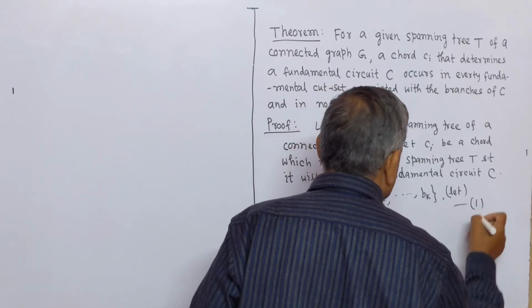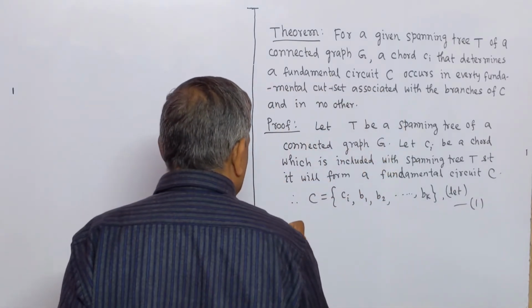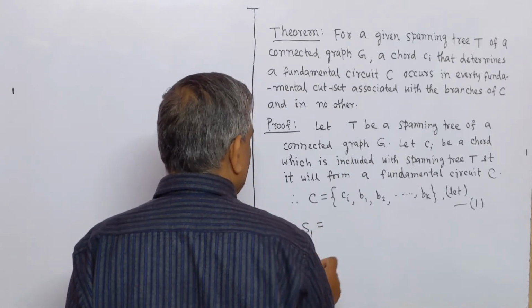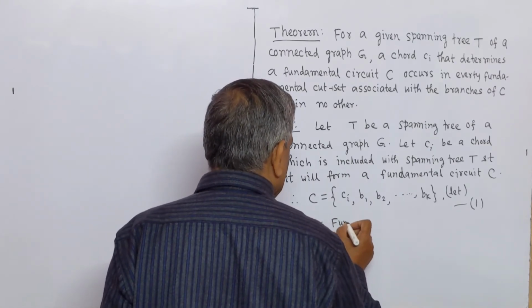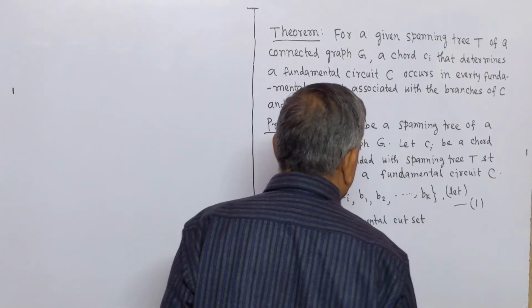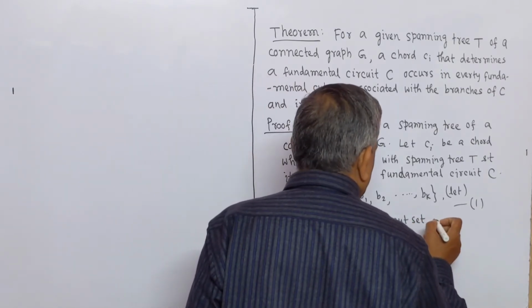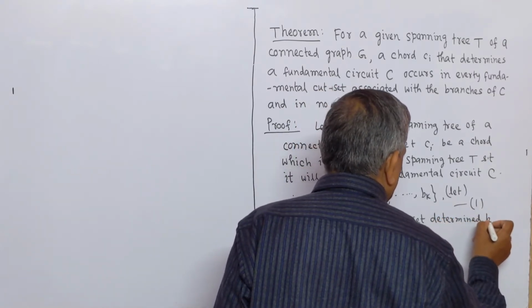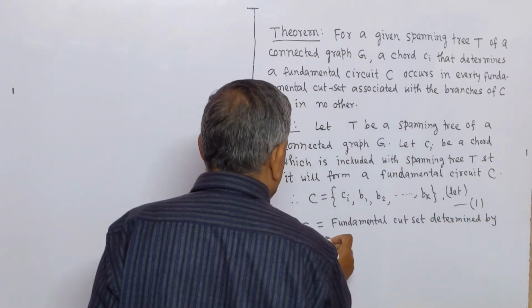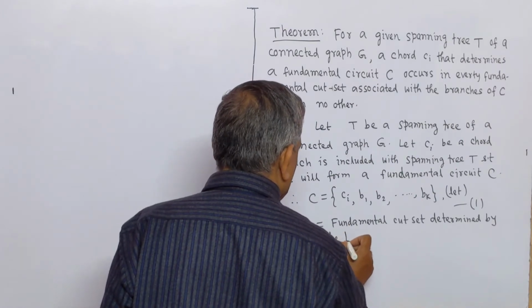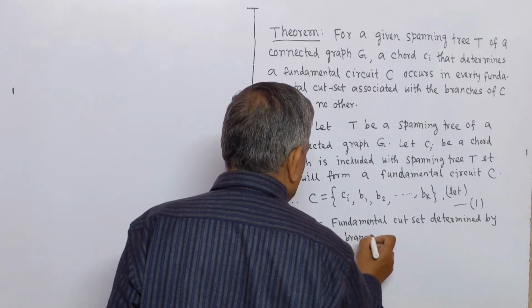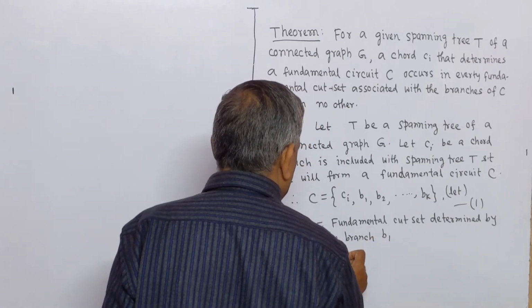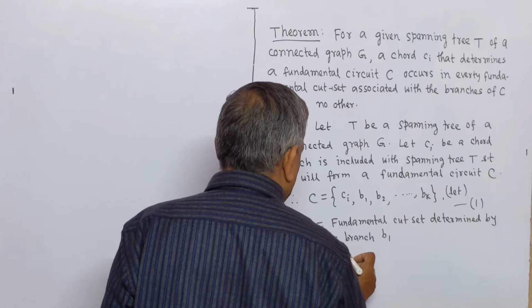This is number 1. Let S1 be the fundamental cut set determined by the branch B1. Let this contain branch B1.